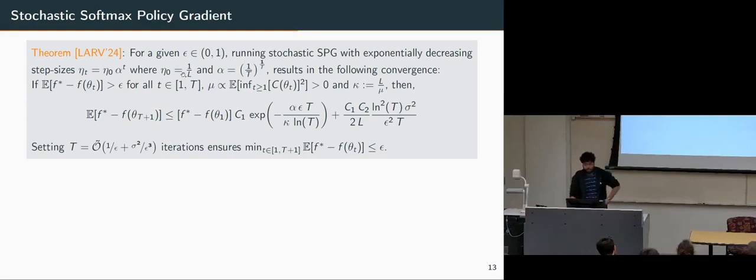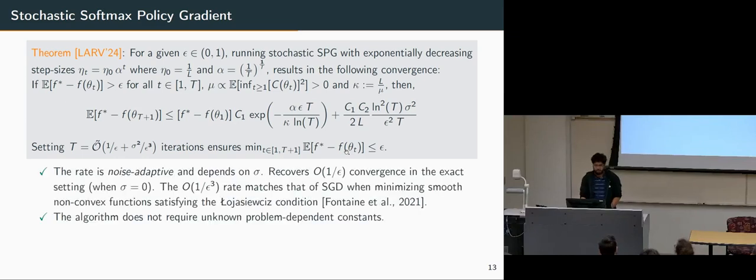Okay, so for a given epsilon in 0 and 1, I guess the thing you should take away from this slide is that if you run stochastic SPG with a step size which is exponentially decreasing, setting t equal to 1 over epsilon plus sigma square over epsilon cube iterations suffices to converge to an epsilon neighborhood. The rate is sort of noise adaptive.